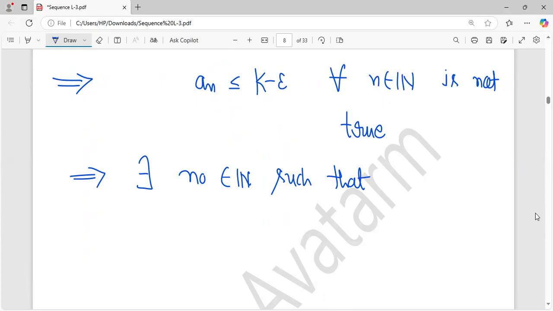It means there will be some natural number n_0 where this condition is violated, such that K minus epsilon is less than a_{n_0}. So one direction is proved.